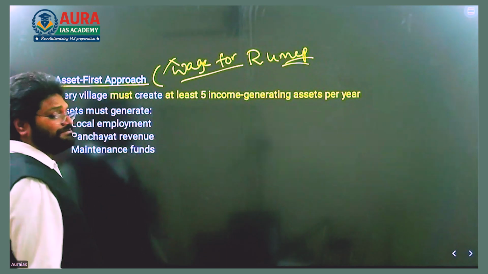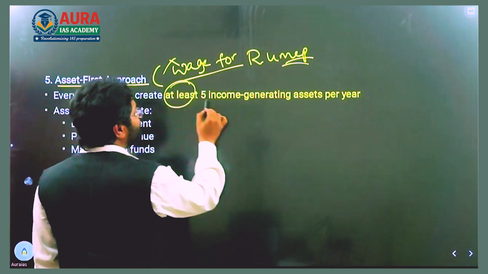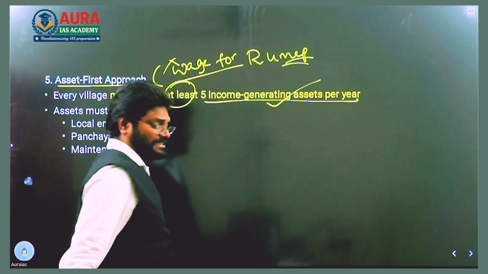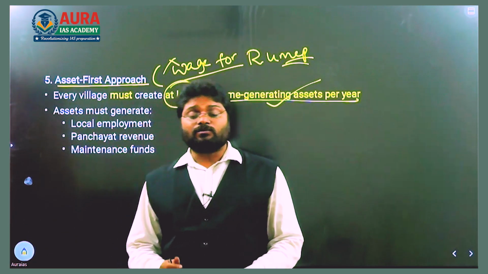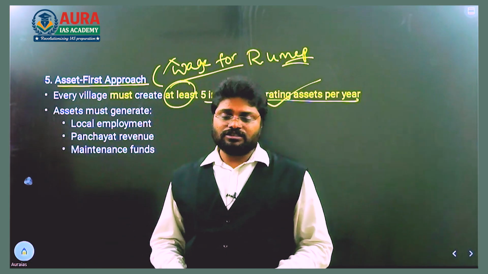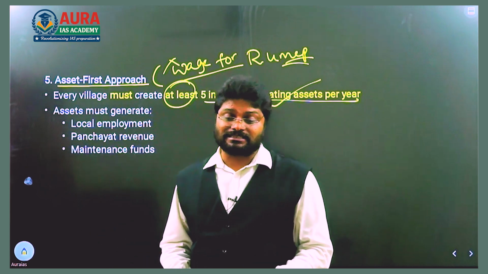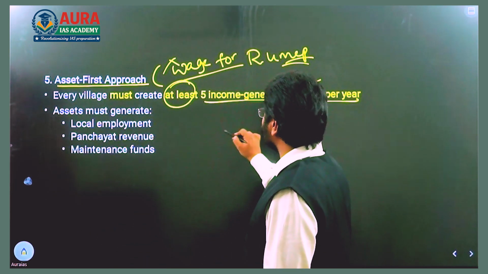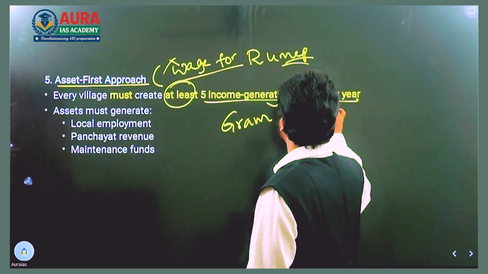So here, in every village, every year at least 5 income-generating assets are to be created. So you can imagine, there are almost 1 lakh and above villages or panchayats present in India. So if it is 5 lakh into 5 revenue-generating villages, you can see Gram Swaraj can easily be achieved.